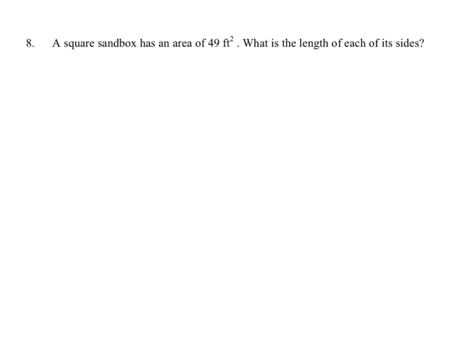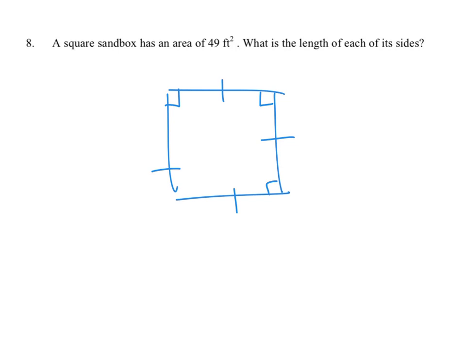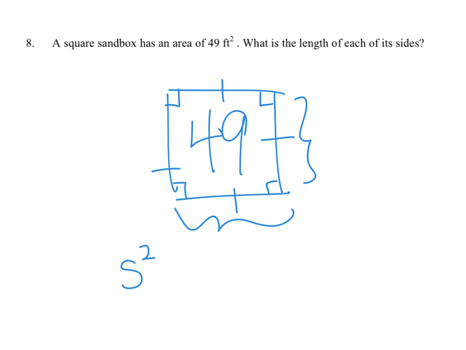Number 8, a square sandbox has an area of 49 square feet. That means that all the sides measure the same, and since the area of a square is the side squared, then we need to find what is the square root of 49 to know what the length of one side is.